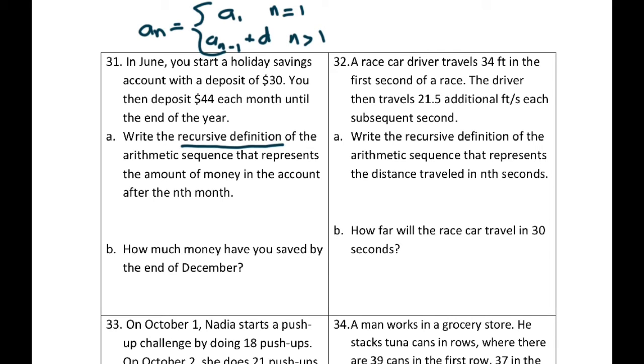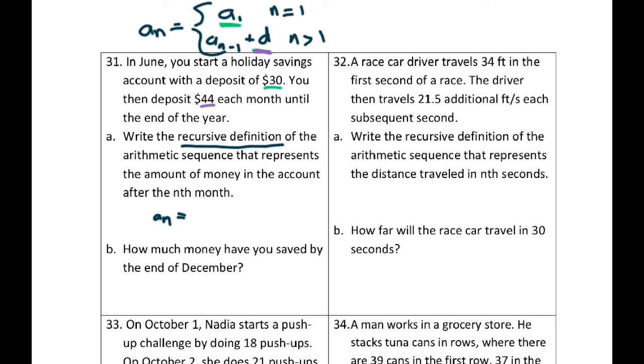For our recursive formula, all we need to do is replace our first term and then our common difference. So our first term is going to be 30. Our common difference is going to be 44 because we're adding 44 each time. So we're adding 44 to our previous term.